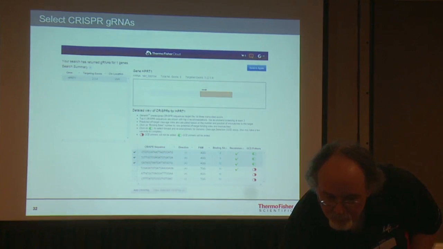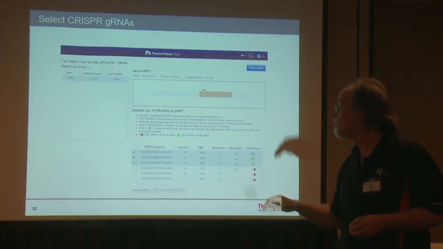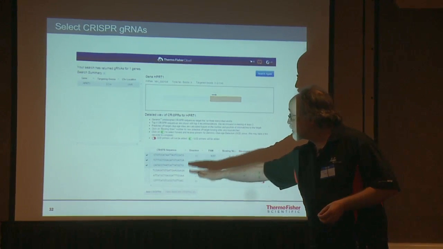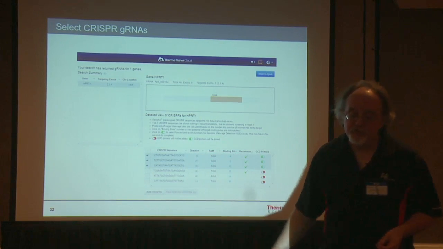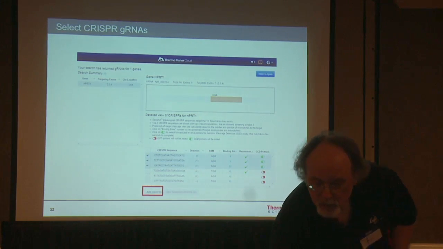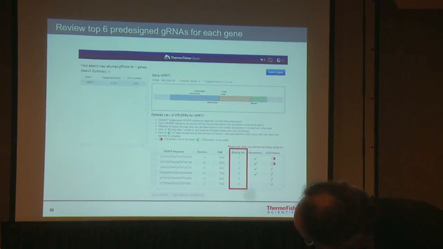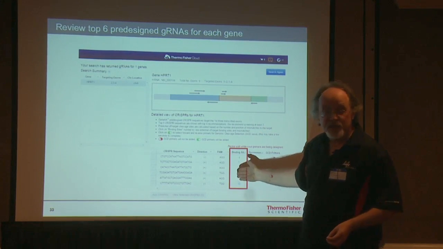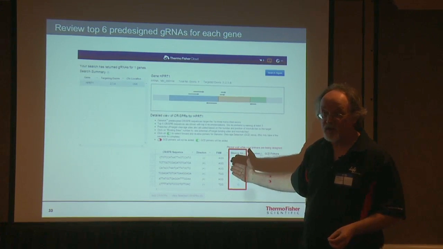Now, going back to our guide RNA questions, I'm going to leave you with one set of ideas. When you're looking at a guide RNA, you're getting a number of different pieces of information. You're getting the sequence, which will be bound to your genome. You're getting information about how many targets that particular guide RNA may have, so-called on targets and off targets.